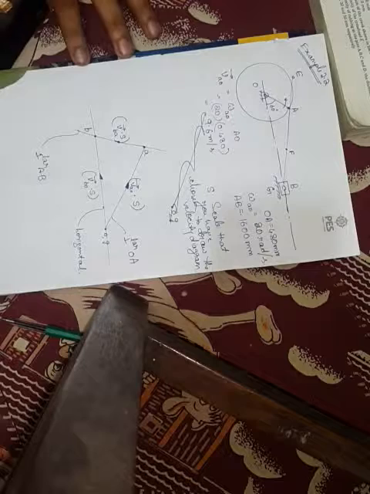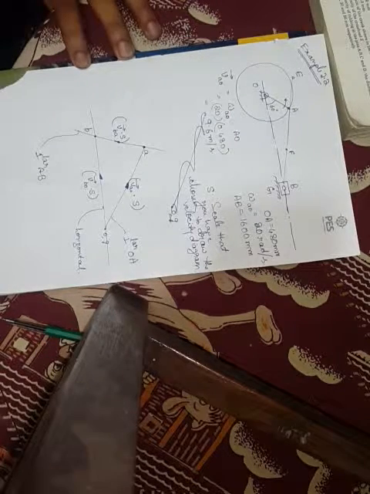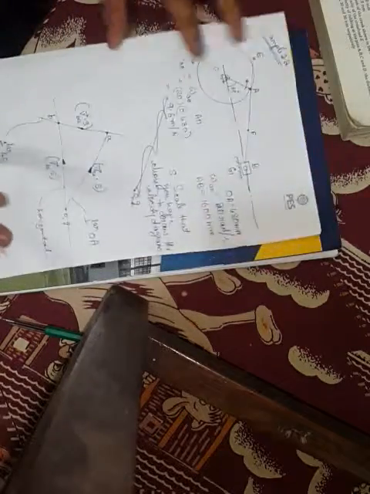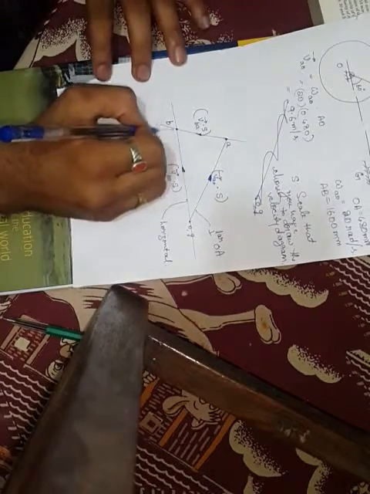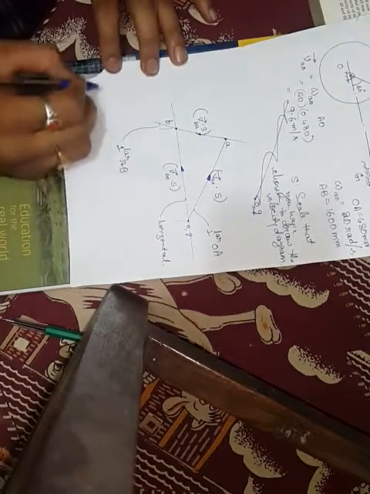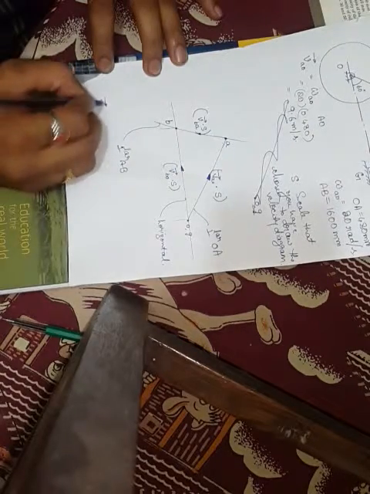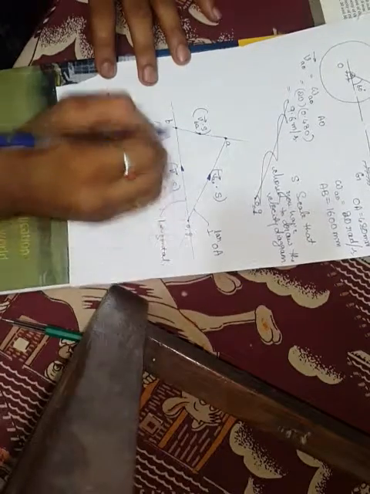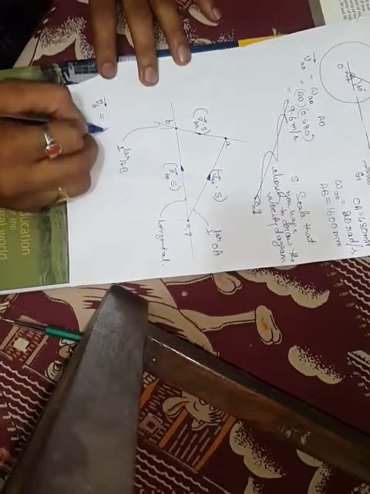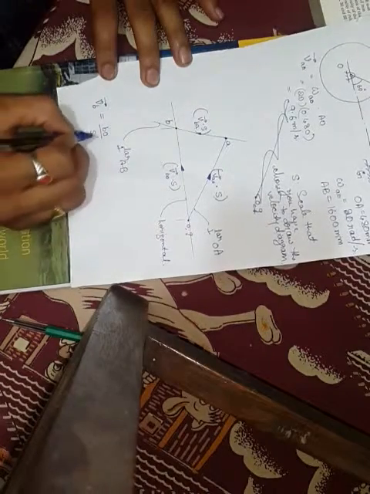So now let us proceed to find the velocity of the intermediate point. The answer for this is VB. You measure this distance, B to O, divided by the scale that you have selected.